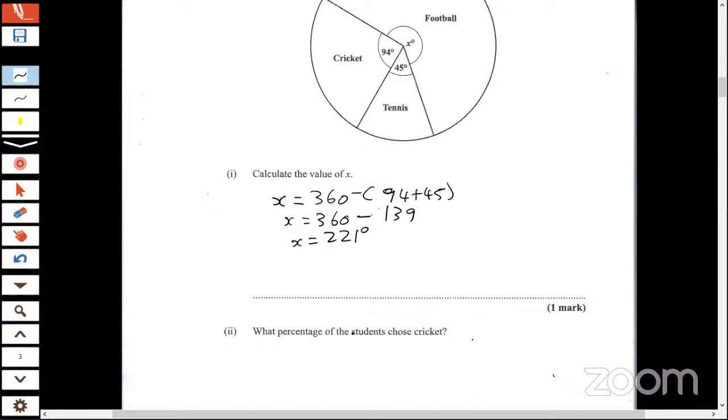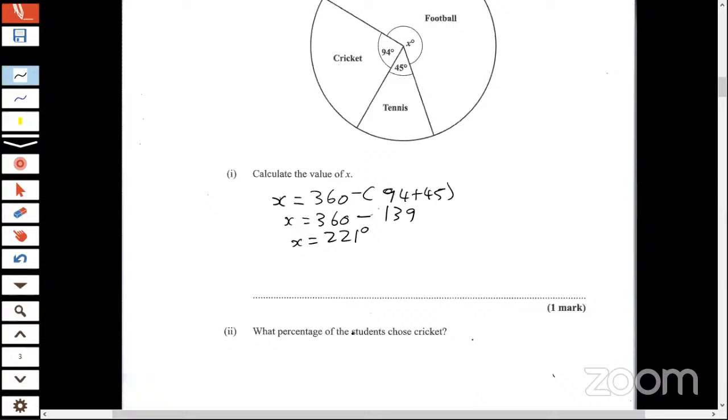Sir, 26.1%. Anybody else? Is that what we're all getting? And how did you get that 26.1%?